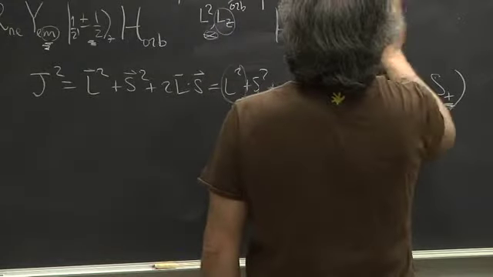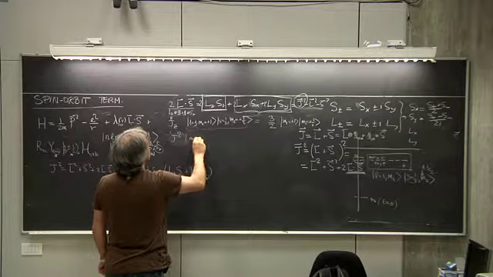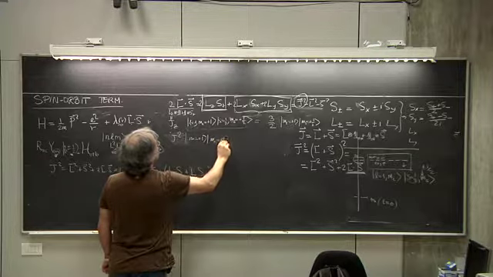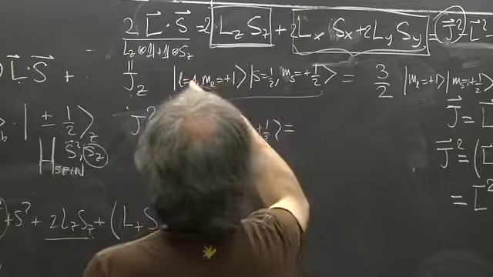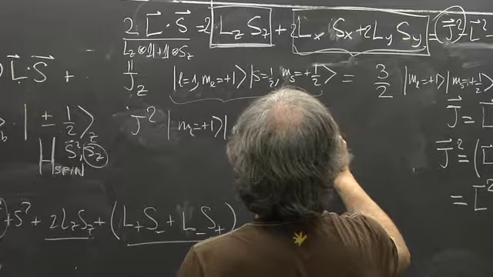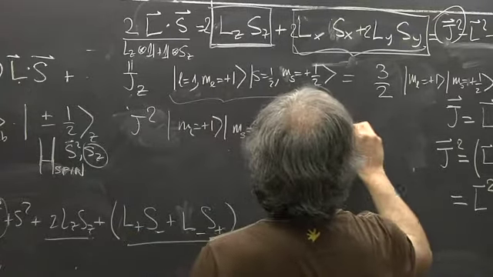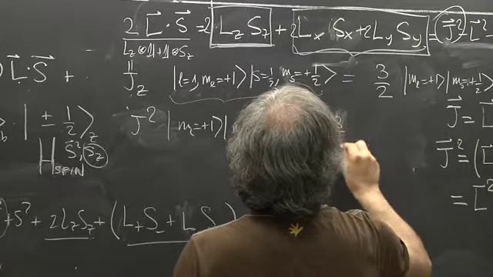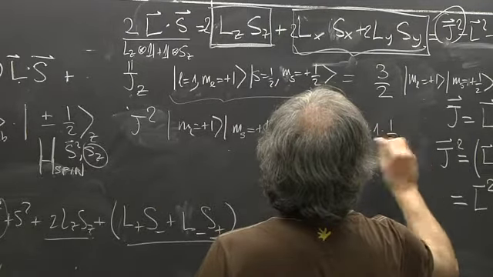So all in all, J square acting on this state, with ML equal to +1 and MS equal to +1/2 fixed, let's calculate. It is equal to L times L plus 1, so 2, plus S squared, which is 1/2 times 1/2 plus 1, so 3/4, plus 2 times 1 times 1/2, which is 1.